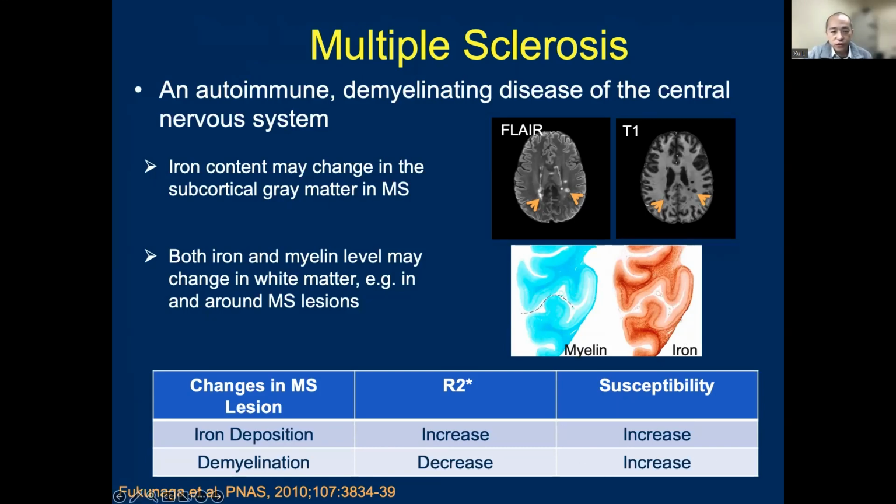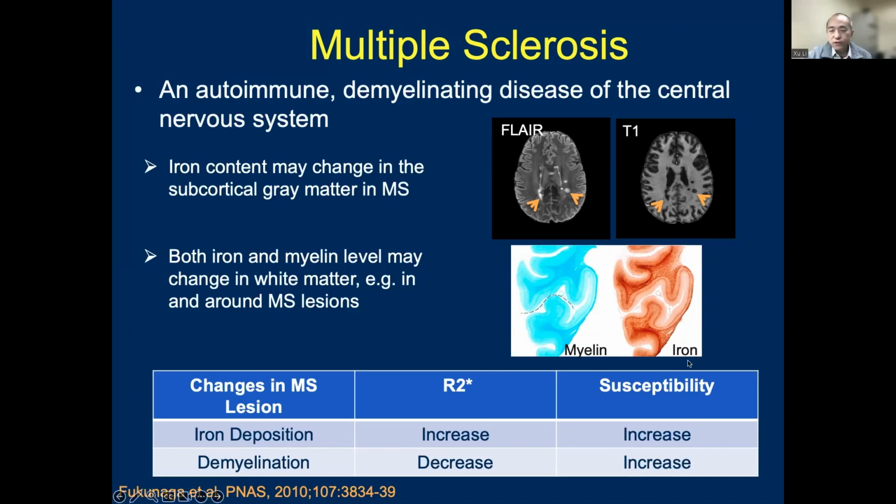As shown in these histology images, in the white matter, especially in the superficial white matter, we see co-localization of myelin and iron. And that iron is likely stored in the oligodendrocytes that form the myelin.